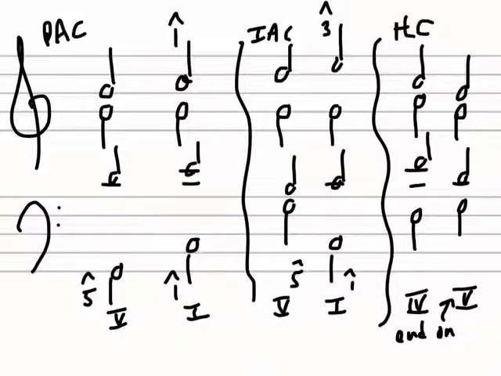So rather than define the many ways an authentic cadence can be imperfect, it's easier just to say we have very stringent conditions for a perfect authentic cadence, and all of the other authentic cadences are imperfect.